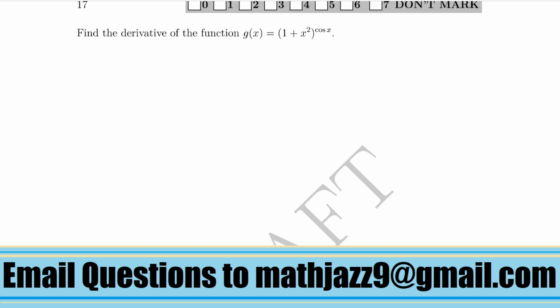Now we want to find the derivative. We have a variable in the base. We have a variable in the exponent, so we cannot use either the power rule or the exponential rule. We're going to have to use logarithmic differentiation, which is totally fine because logarithmic differentiation isn't scary. We just take the natural log of g and the natural log of the other side.